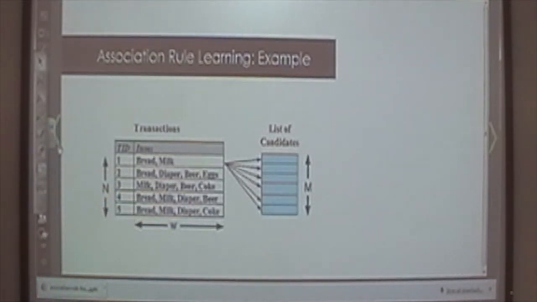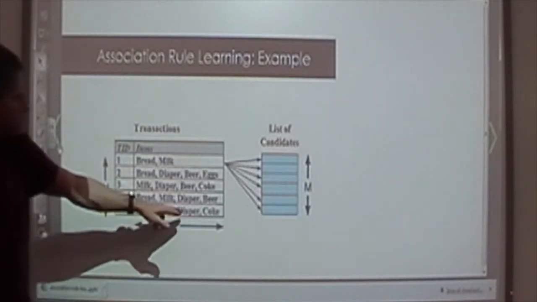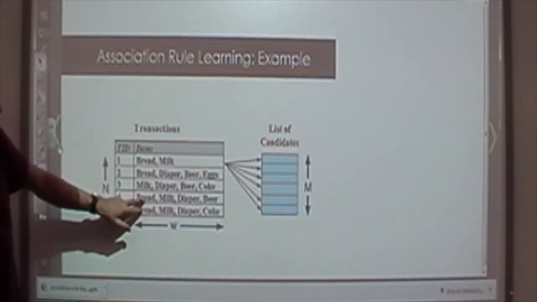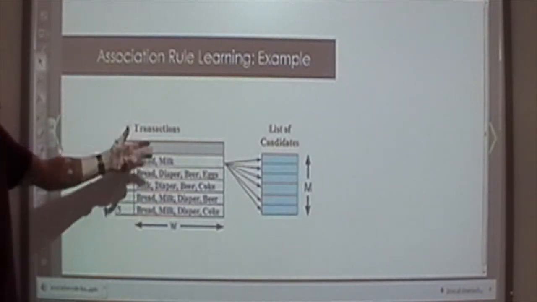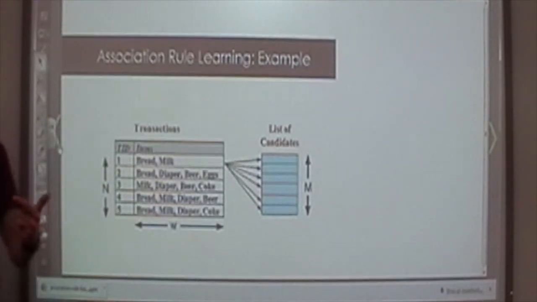And there's only one example with bread, milk, diaper, and Coke. But its subsets have higher support, right? Bread, milk, diaper, you see twice here. Bread and milk, you see 3 times, and so on. So that's the principle we're going to try to take advantage of here.